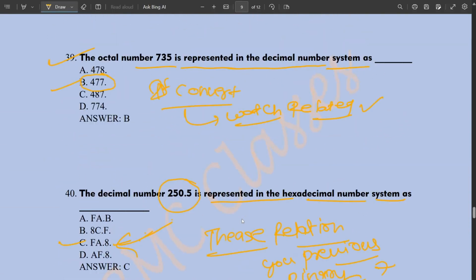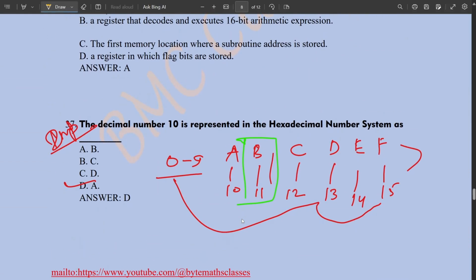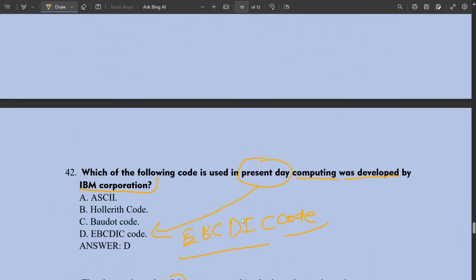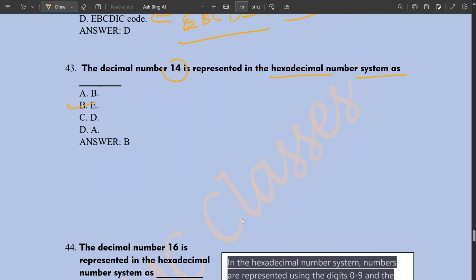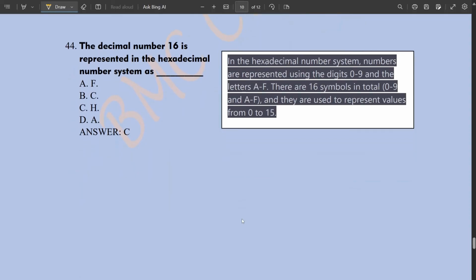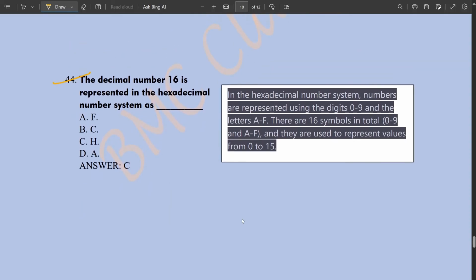Next, the decimal number 14 is represented in the hexadecimal number system as what? You can see this here. 14 is represented by E. So the answer will be E. Option number B is correct. Next, the decimal number 16 is represented in the hexadecimal number system.